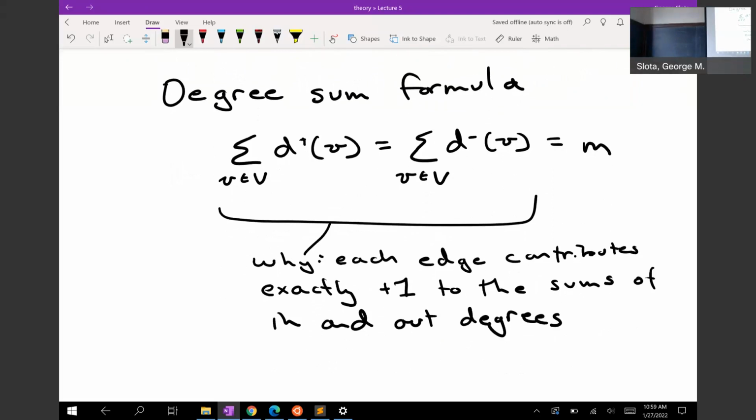So each edge is +1 to the out degree sum and +1 to the in degree sum. It has to come out of somewhere, has to go into somewhere else. Can't have that edge just pointing out to space. You know, we already said it's ill-defined. We don't do that. Not in this class.